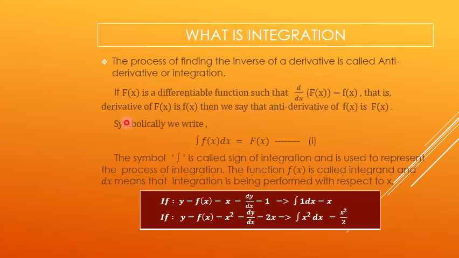And similarly, when we take the integration of x squared dx, we have the result x cubed upon 3. So both functions are the same, but the results are different. But when you take the integration of this 2x, you obviously get the result x squared.